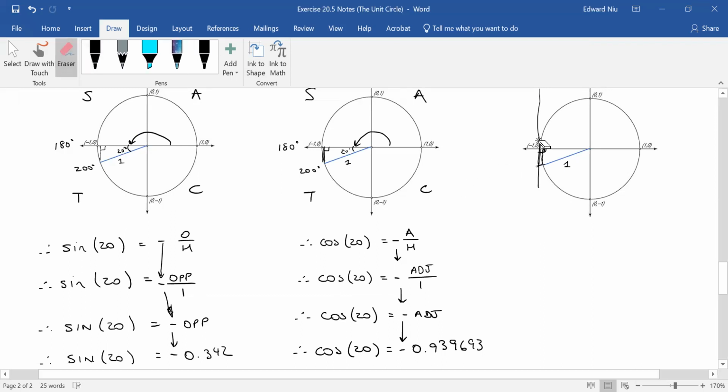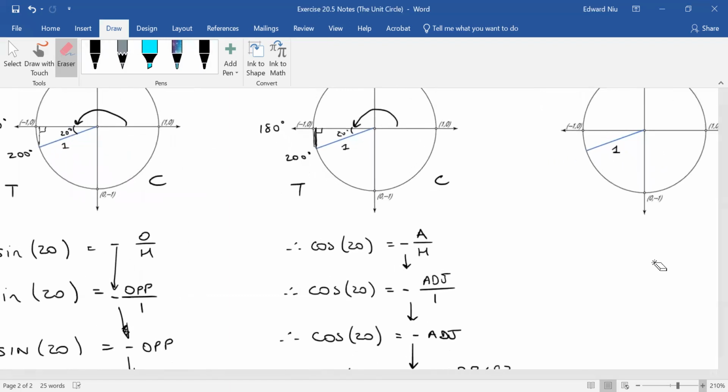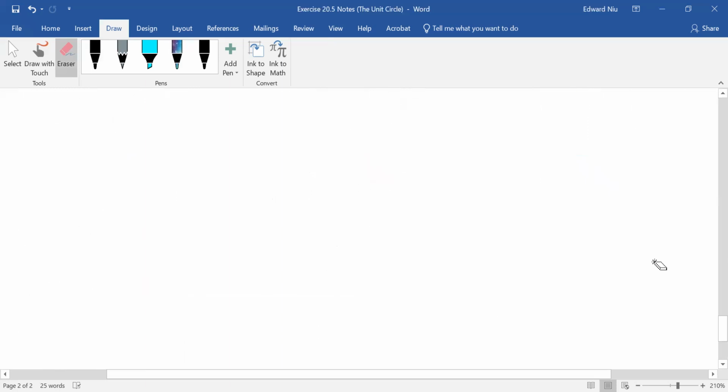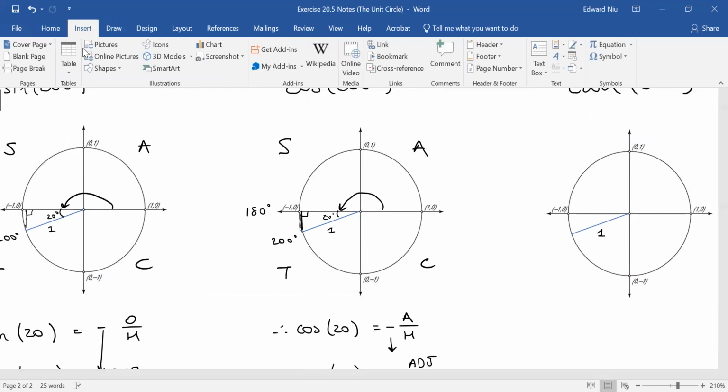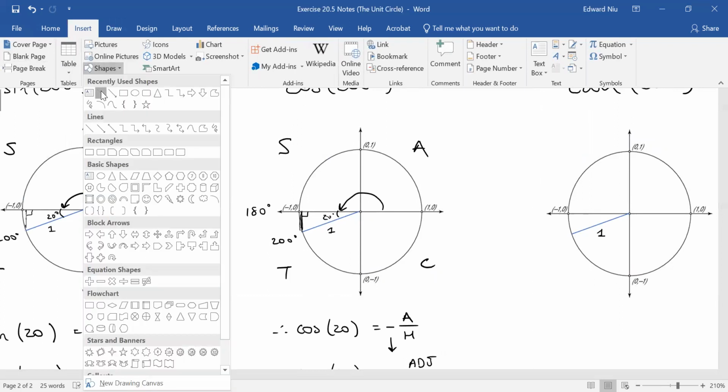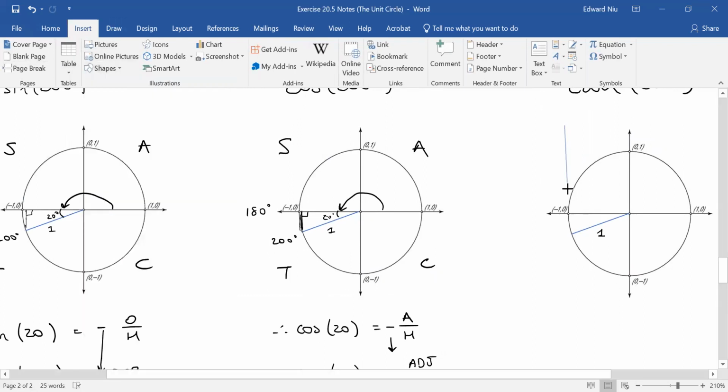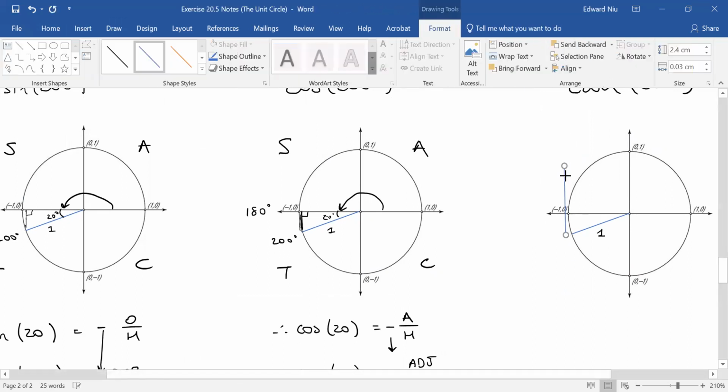Oh boy, let's try again. Try and make it as straight as possible. Now, obviously, the tangent line doesn't extend beyond the x. All right, so this is going to be a nice and small tangent. Okay, so we can expect this to be under 1 already.